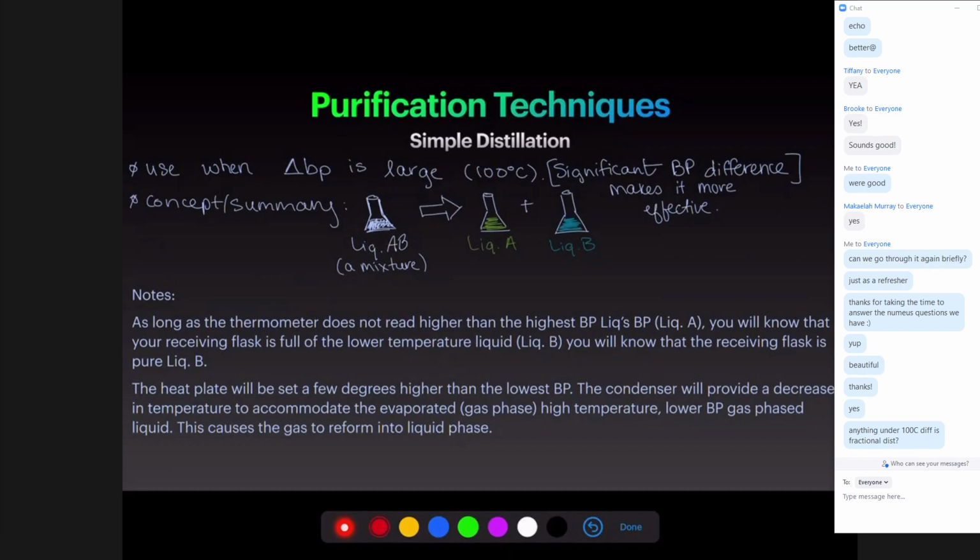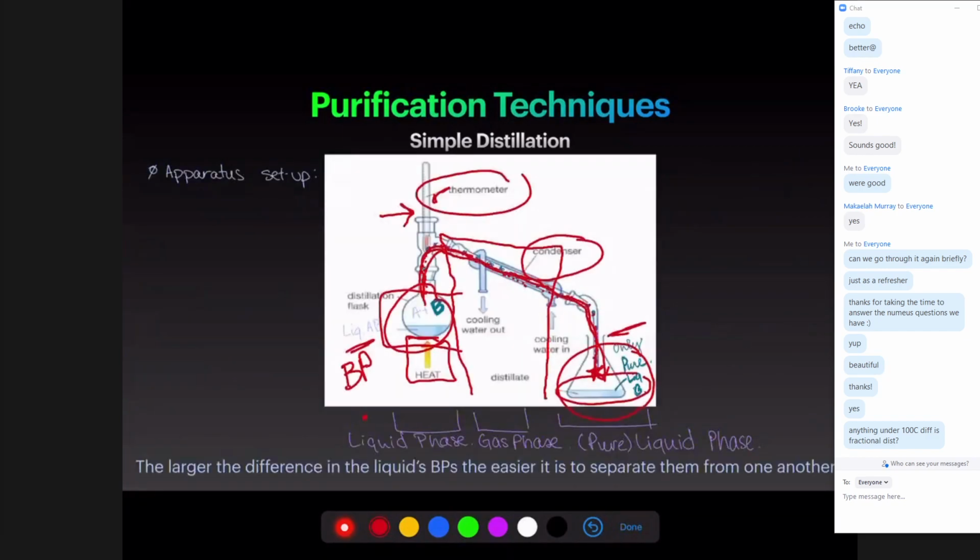This causes the gas to reform into liquid phase, as I explained in this picture that I made for you all. Does that make sense?